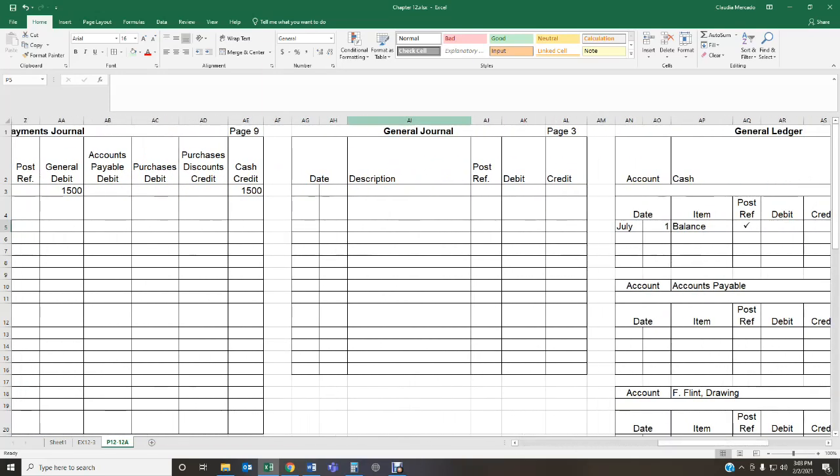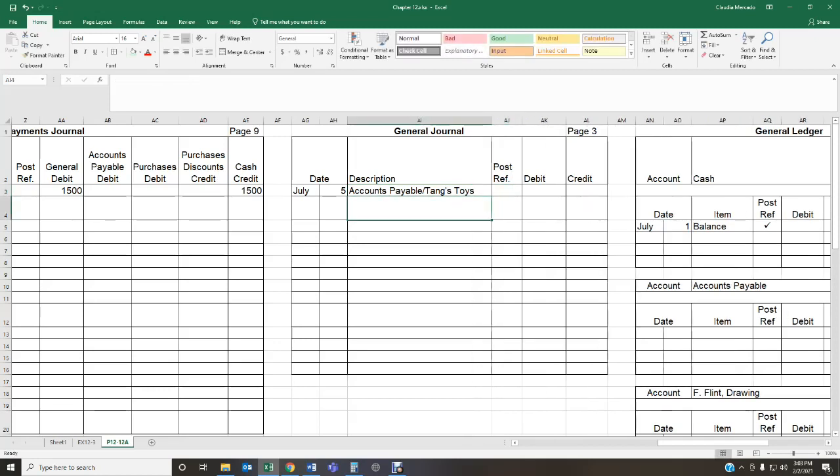So it says here that we are returning $500 of merchandise to Tang's Toys. So I'm going to go to my general journal, and this is happening on July the 5th. They had purchased the merchandise on account, and we're going to give them credit. So I'm going to debit my accounts payable for Tang's Toys, and then I'm going to credit my purchases, returns, and allowances.